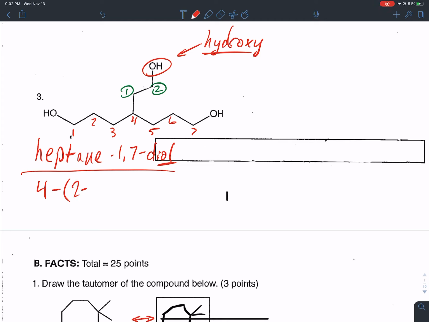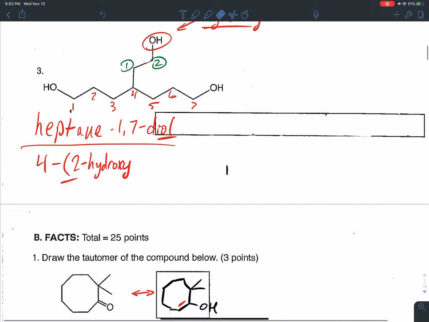So 2-hydroxy. Notice we opened the parenthesis because we're not talking about that carbon 2, right? We're talking about this carbon 2. So 2-hydroxy. And then what? 2 carbons is what? Ethyl. Yep, 2-hydroxyethyl. And that's all of our substituents on this thing. Any stereochemistry to speak of? None. So we're ready to roll.